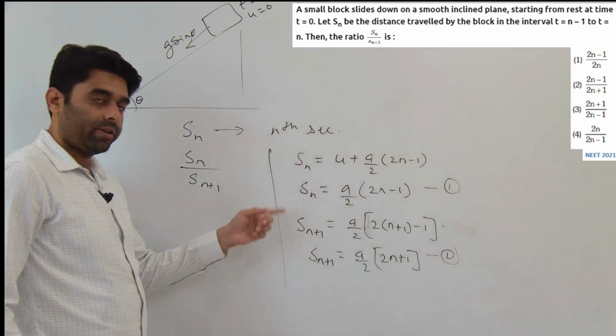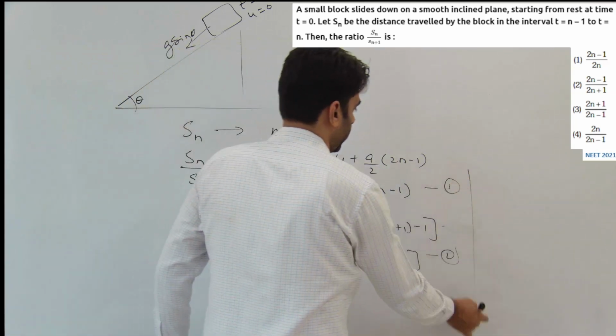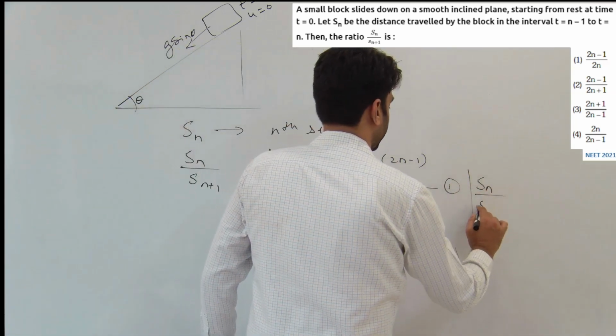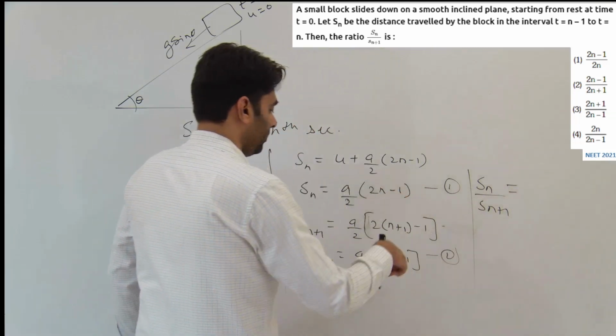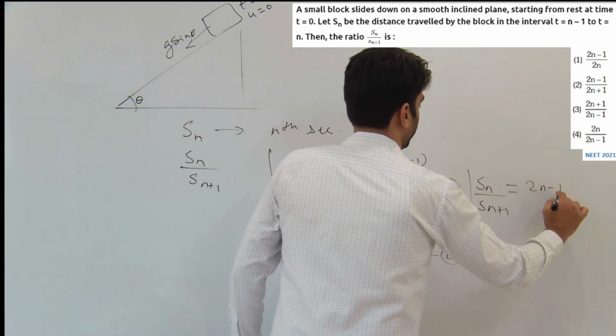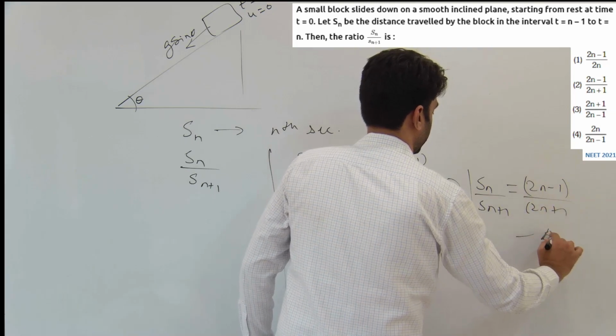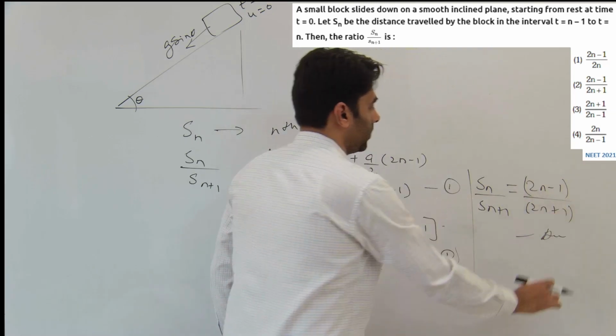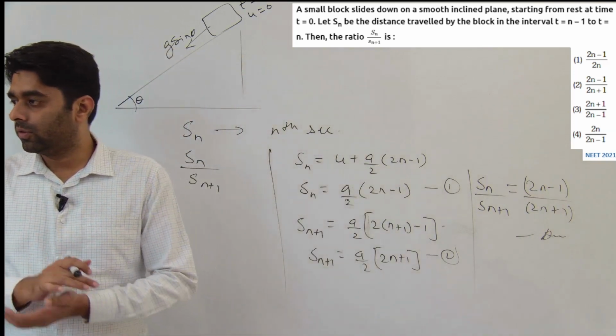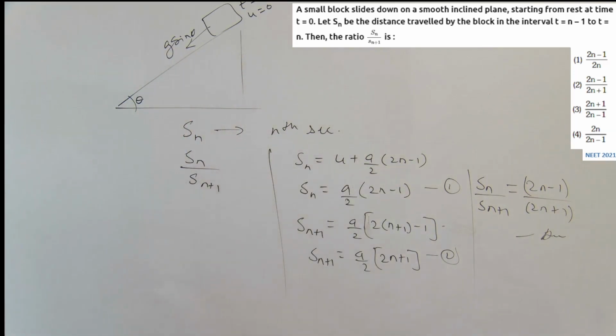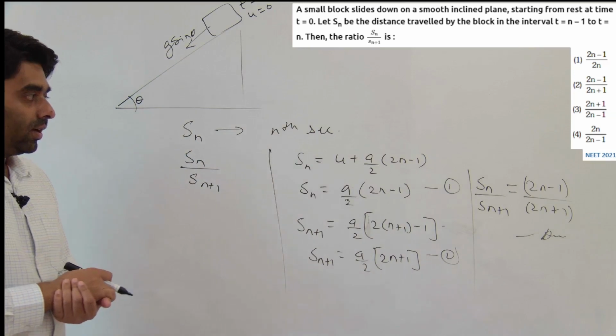If we find out Sn by Sn plus 1, we get 2n minus 1 by 2n plus 1. This is our answer. If you see, it is option number 2. Option number 2 is our correct answer.